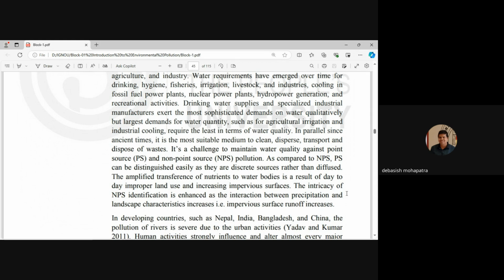The intricacy of NPS identification is enhanced as the interaction between precipitation and landscape character increases. That is, as surface runoff increases.